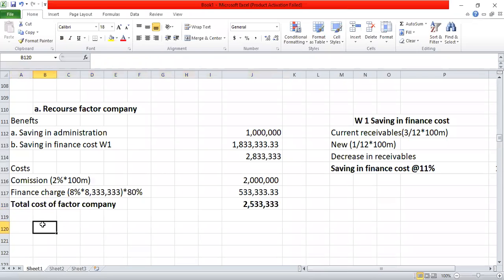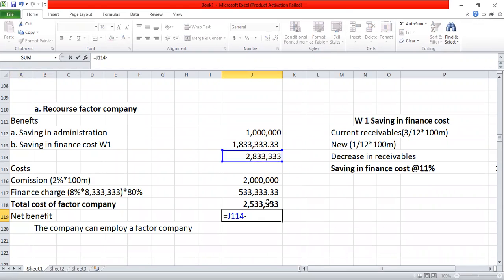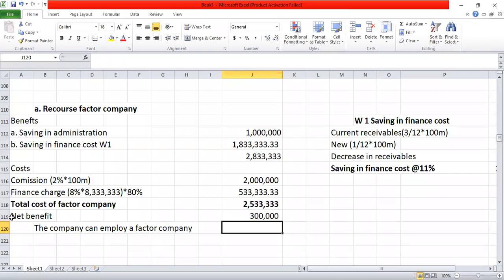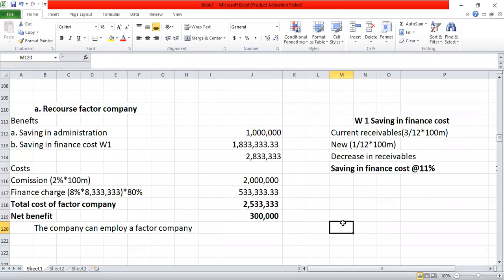So in this case, the company can employ a factor company. The net benefit. So the company can employ a factor company.